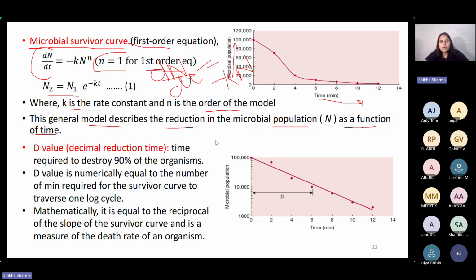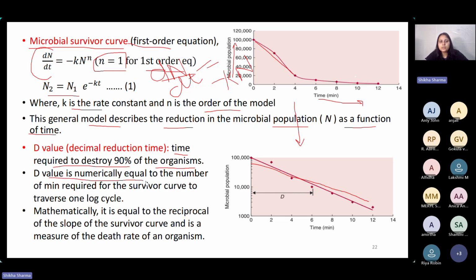So what is the D value then? When we convert this curve into log, it will follow a straight line. The D value, the decimal reduction time, is the time required to destroy 90% of the organisms.